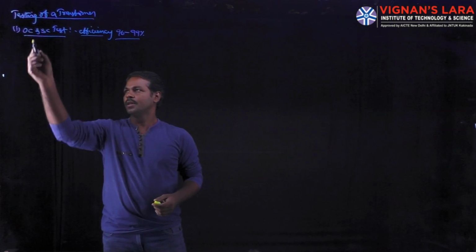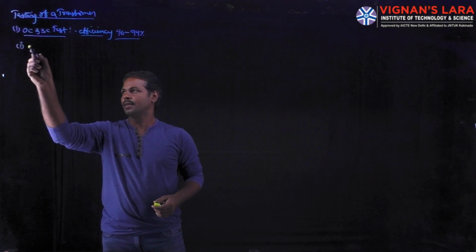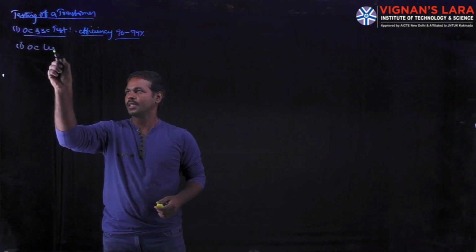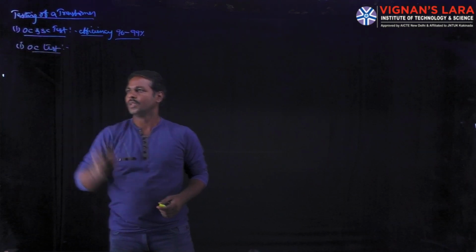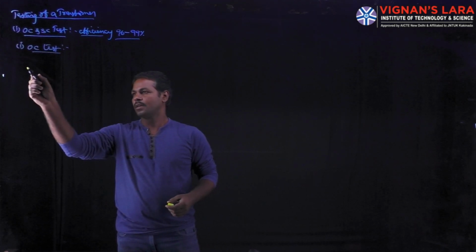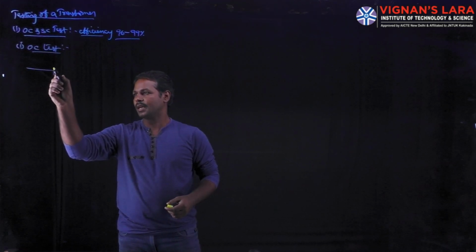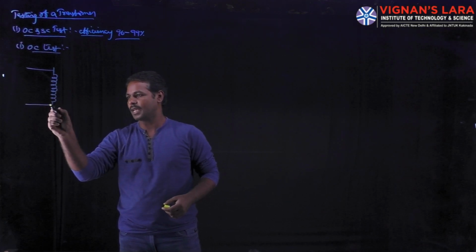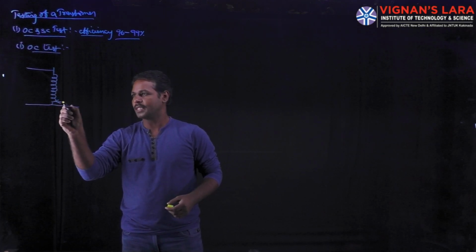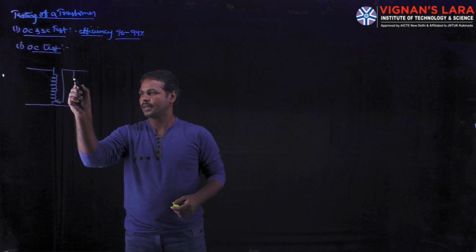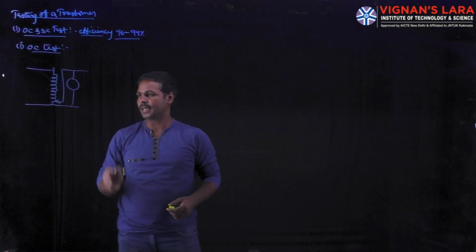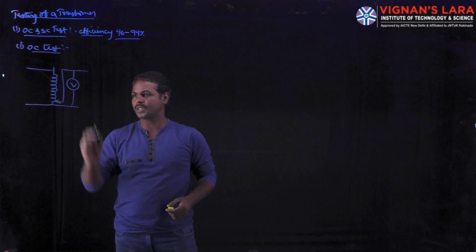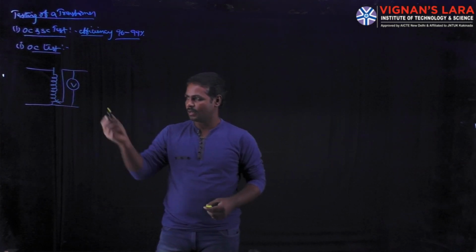So first one is the open circuit test. First of all, the supply is directly connected to the auto transformer, which is also called a voltage divider. A voltmeter is connected across it, which always measures the voltage across the supply.